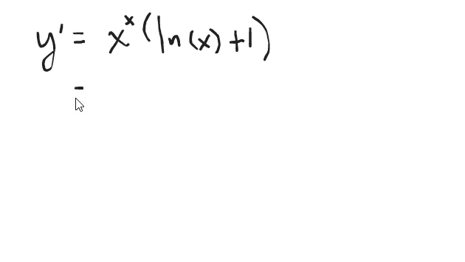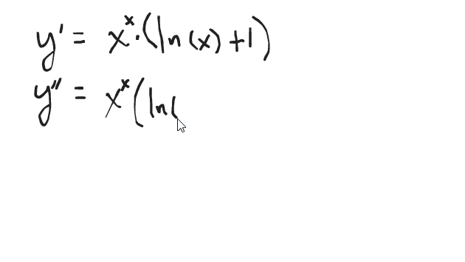Okay, now we want to find the second derivative, and so remember we use the product rule here, by the way. What's the derivative of x raised to the x? Well, isn't that just all of this? I hope that's not confusing.